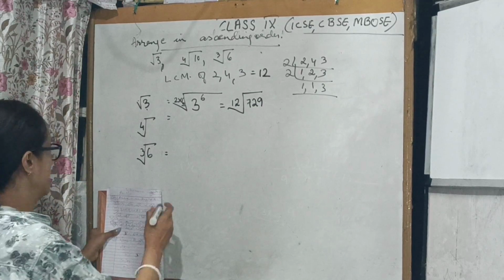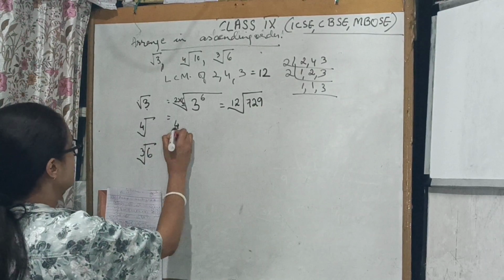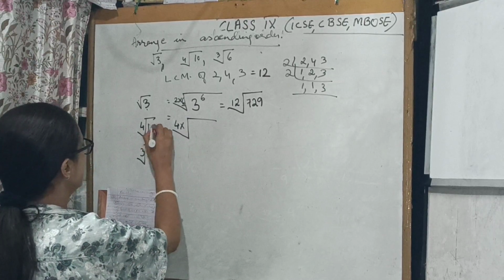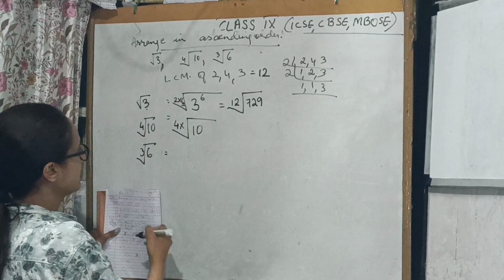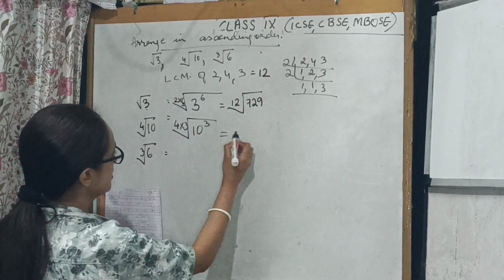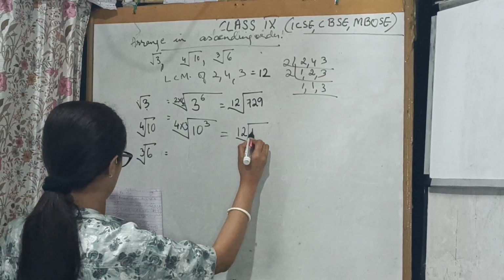Okay. Here this is your fourth root. So fourth root of 10. 4 into what gives you 12? 3s are. So here 3 as a power. So this becomes 12th root of 1000.